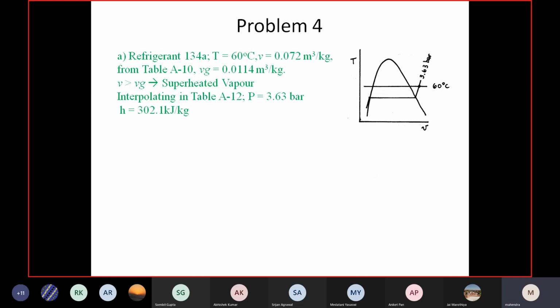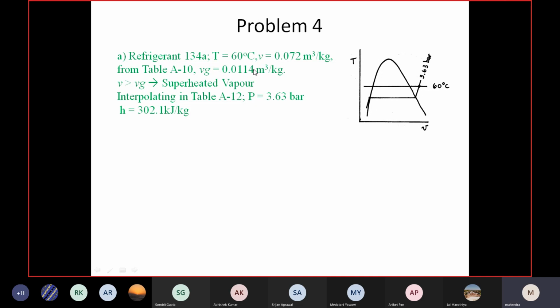From table A10, which gives the data about this particular refrigerant 134A, the saturated vapor specific volume is this much, and the given specific volume is almost 5 times that.